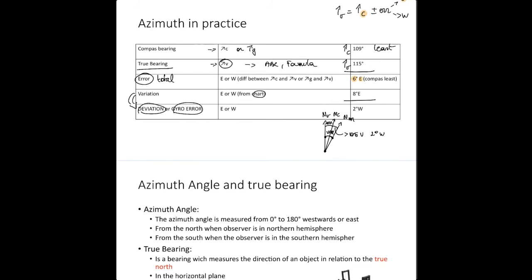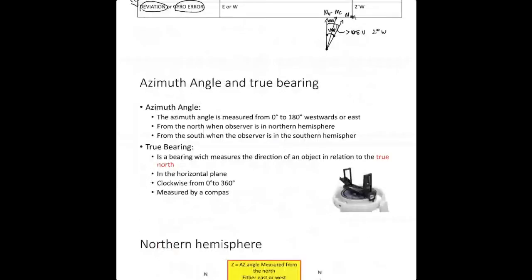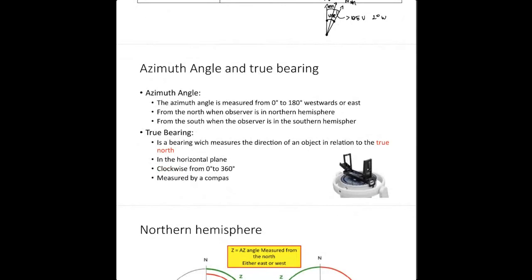I will explain this to you later on. And what you can also do, if you see a celestial body and you know what the true bearing is, it can help you, using the nautical publications, to determine what kind of celestial body it was, which kind of star it was. Now, we know the relationship between the azimuth angle and the true bearing.